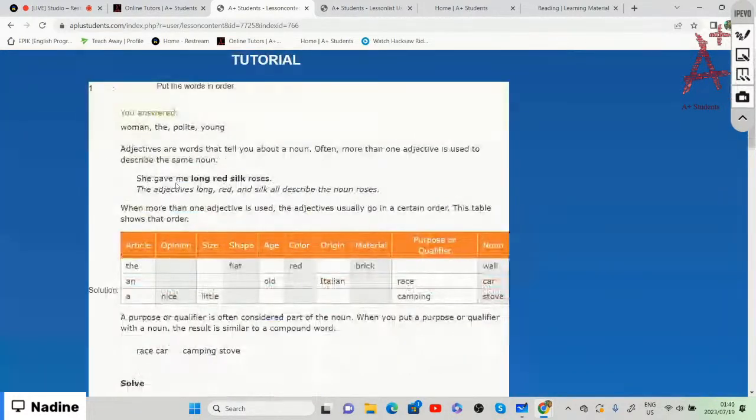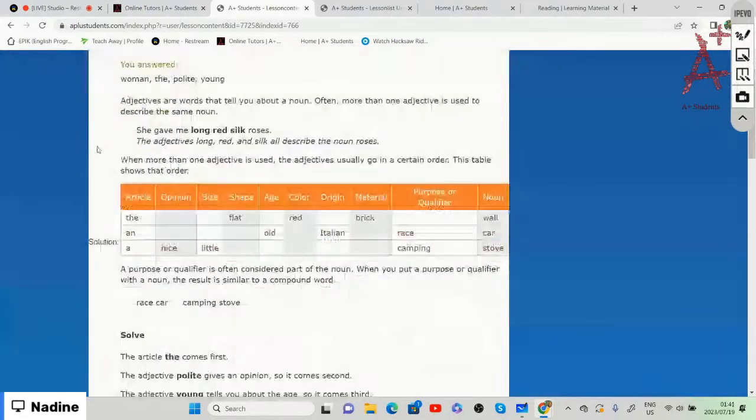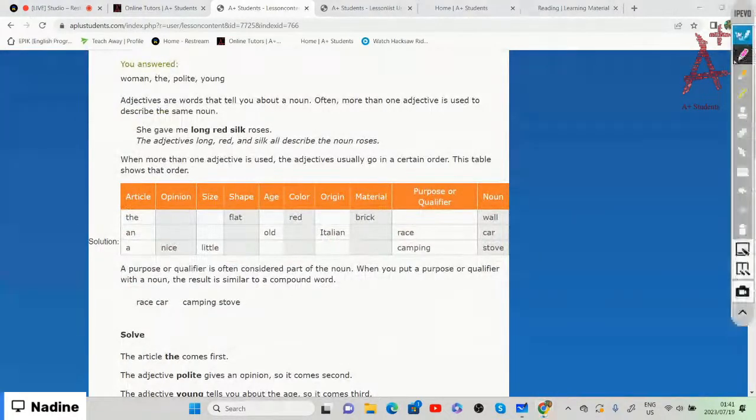All right. So if we look at the words woman, the, polite, and young, we need to put them in order based on the table that shows the order.